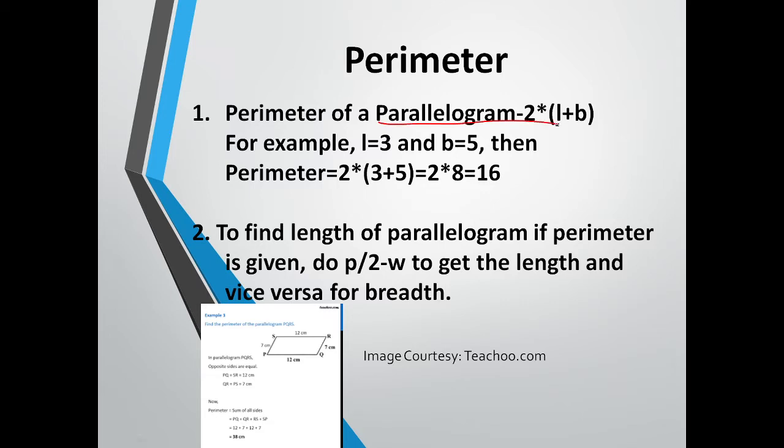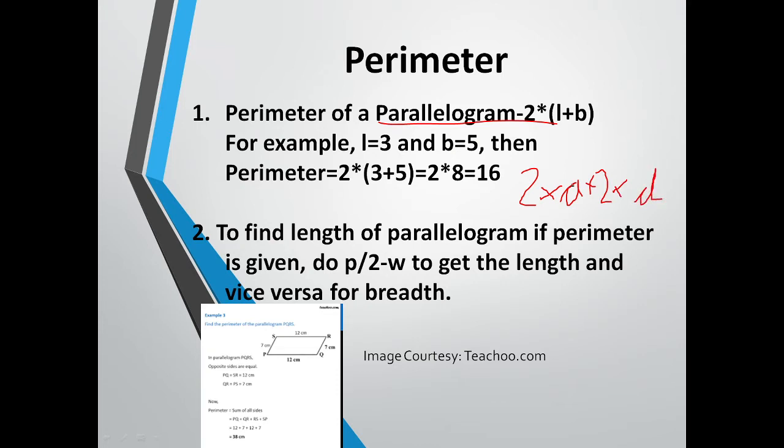So any parallelogram has opposite sides equal, so it will be a plus b plus c plus d. A and c are equal, b and d are equal, so we will do 2 into a plus 2 into d, as I taught in the previous video also.